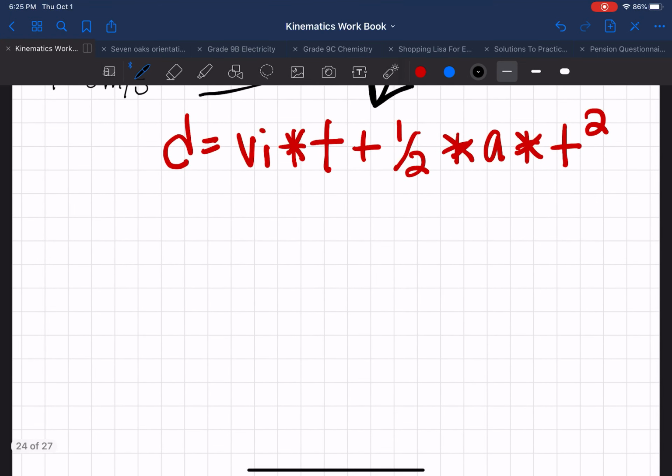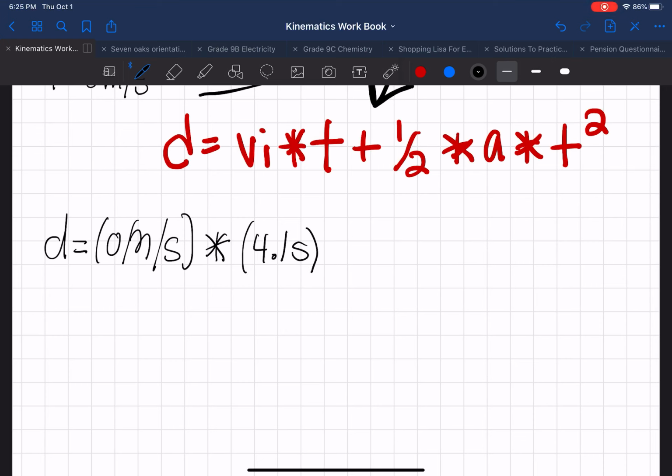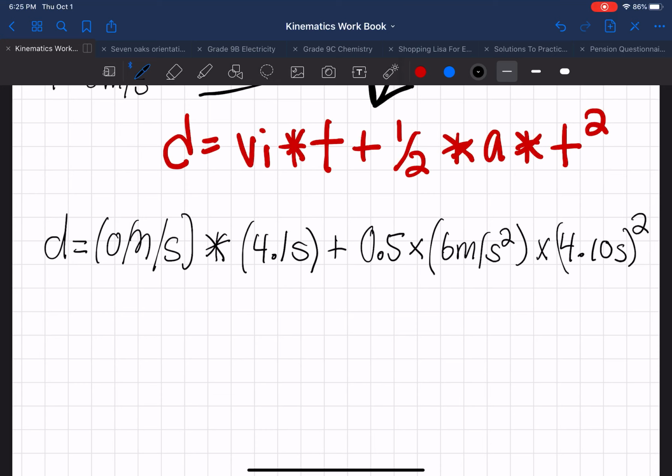Alrighty. So d is what we're looking for, entering our initial velocity of 0 meters per second times 4.1 seconds, which was all given, plus, I'm going to change the 1.5 into a 0.5, times the acceleration of 6 meters per second squared, times 4.10 seconds, and that is also squared.